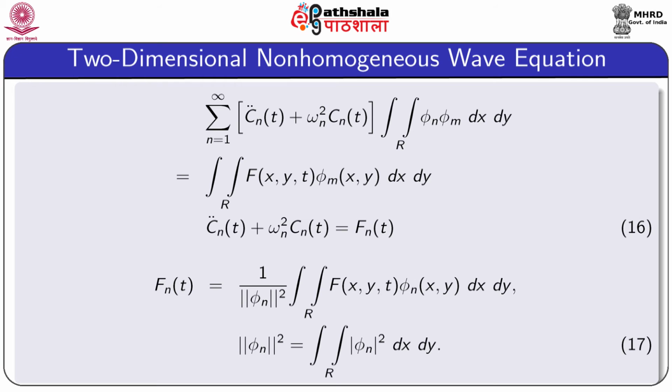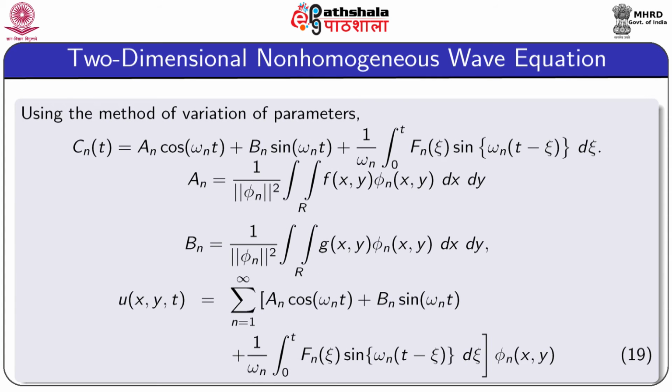Now, the solution of equation 16 can be written as Cn equals An cos omega n t plus Bn sin omega n t plus 1 by omega n, integration 0 to t of capital Fn(xi) sin omega n (t minus xi) d xi.